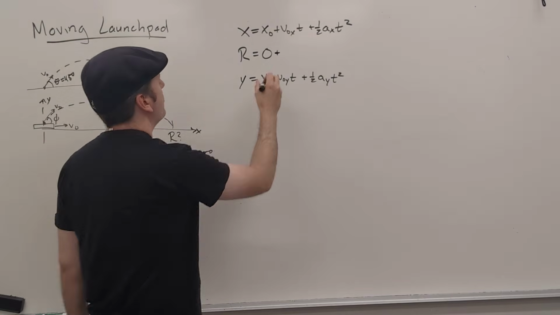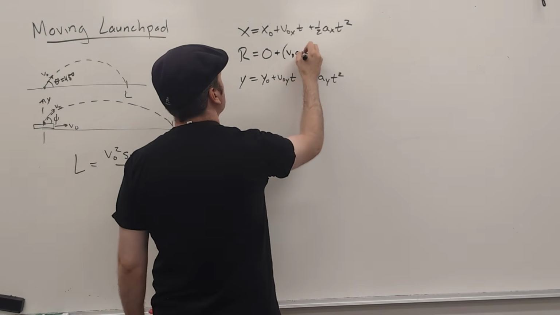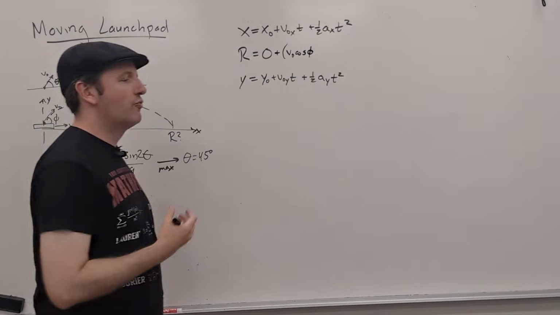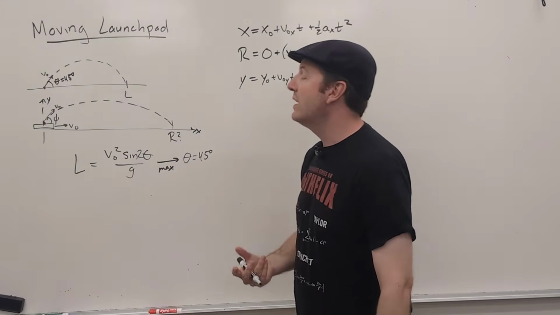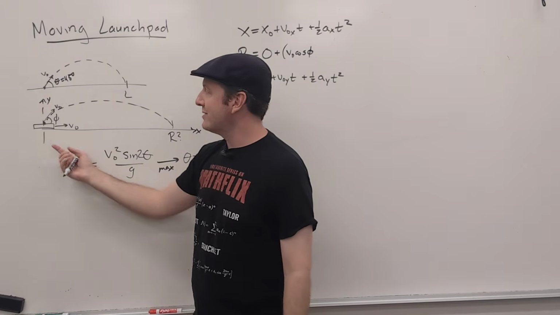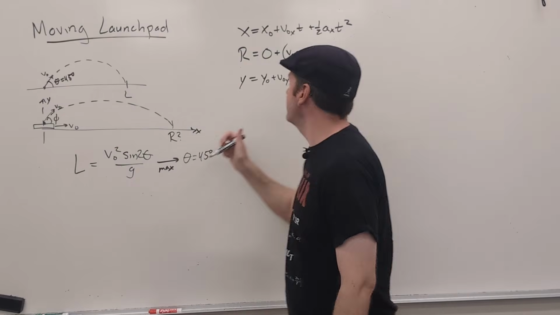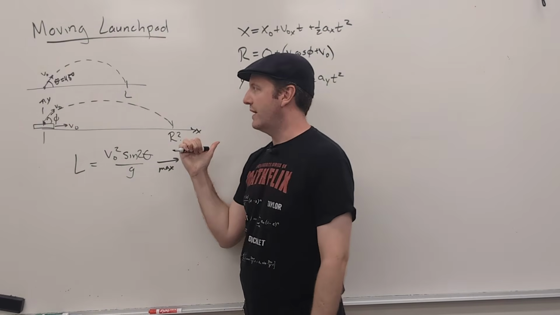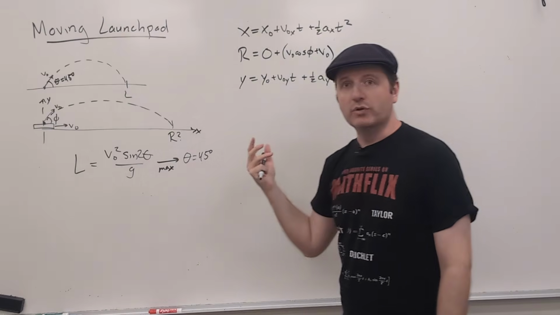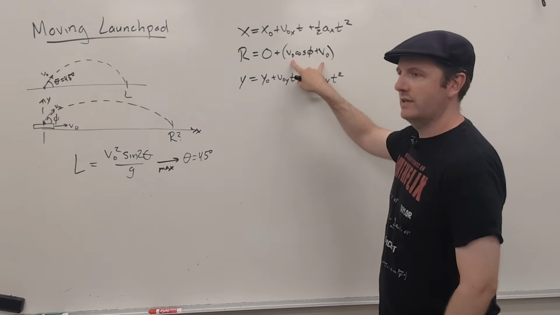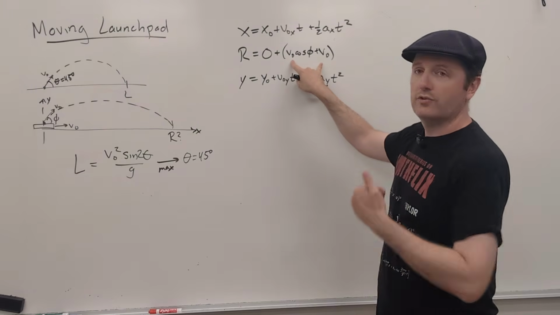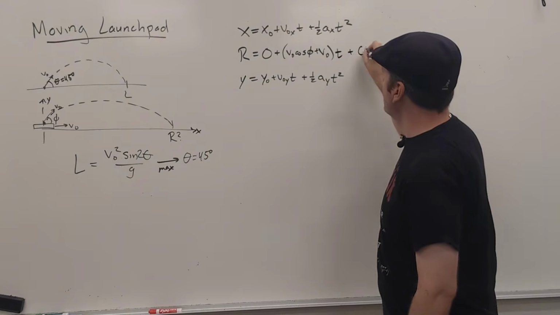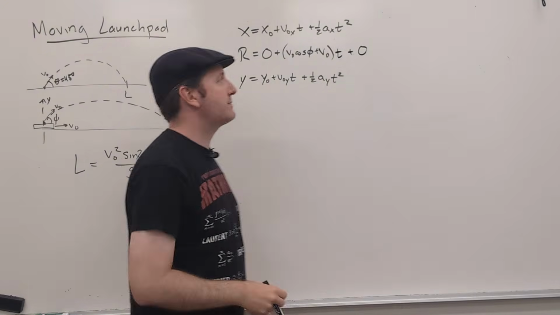Because yes, we are going to have a v naught cosine phi piece from the velocity of the cannonball relative to the platform, but relative to the ground, I also have this extra piece, which is another v naught in the positive x direction to account for the platform moving. So this is the relative x velocity for the cannonball to the ground. There's an extra piece here. And there's no acceleration in the x direction.